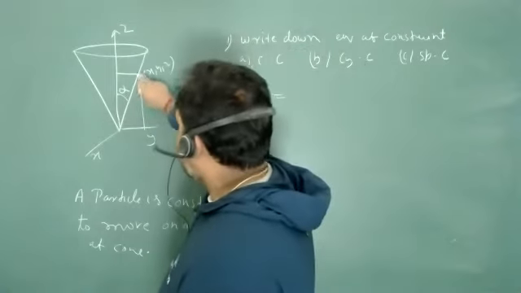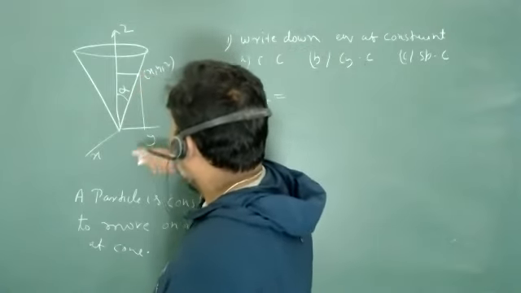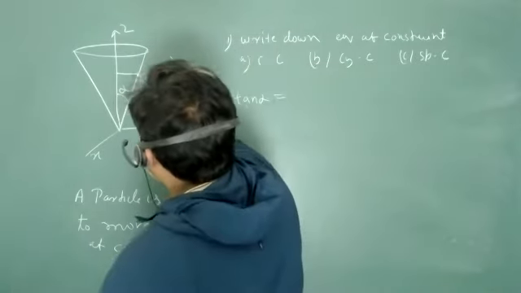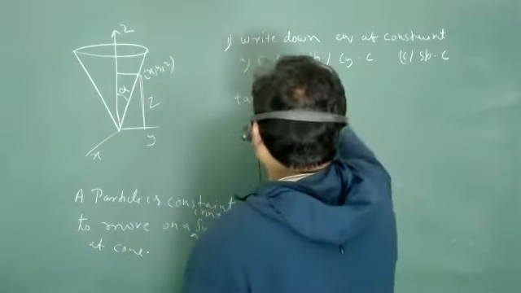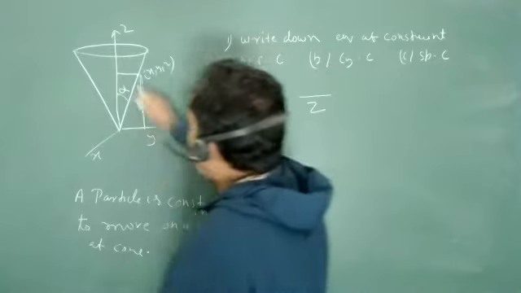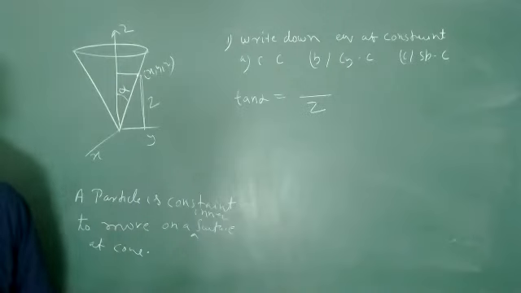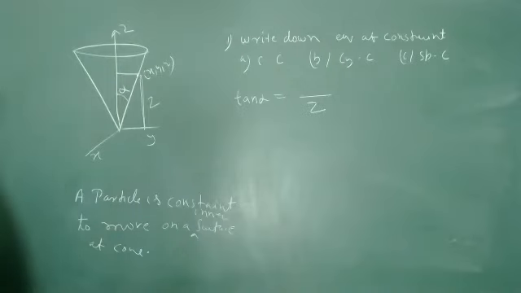Obviously, this distance by this distance. So what is this distance? Obviously, this distance is nothing but Z. I am 100% agreed, this distance is Z. What is this distance? Anyone?